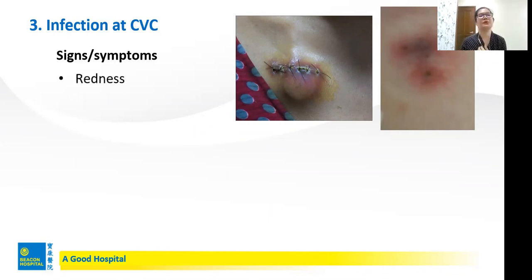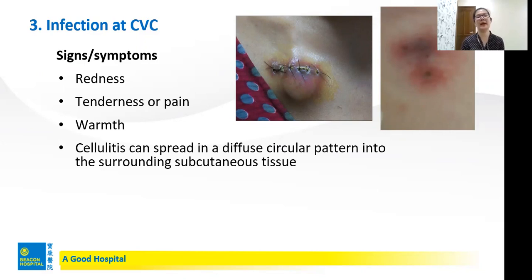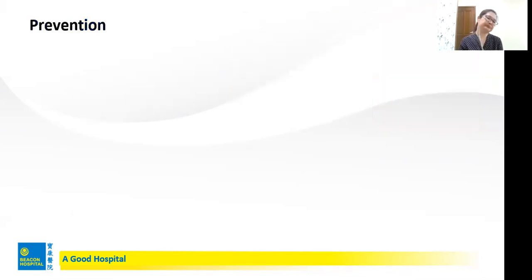The signs of infection at your CVAD or port puncture site, you can observe from skin redness, tenderness or pain, warm to touch, cellulitis that can spread in a diffuse circular pattern into the surrounding subcutaneous tissue, or purulent exudates or induration.